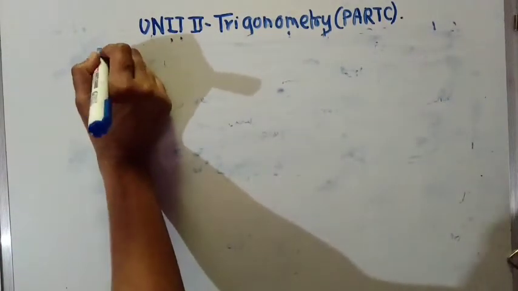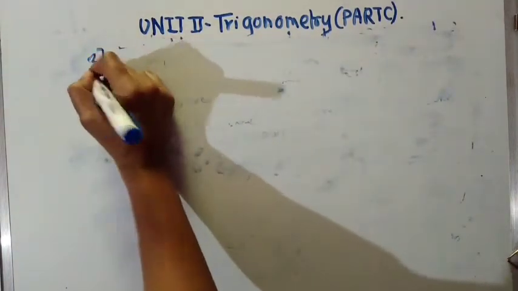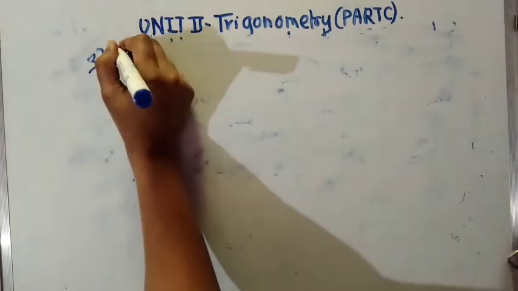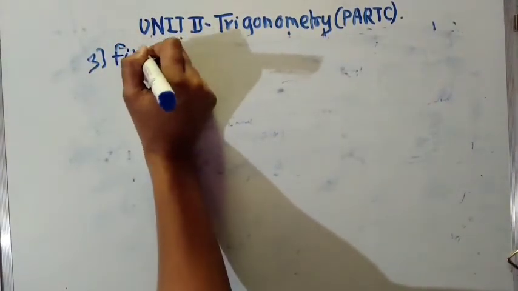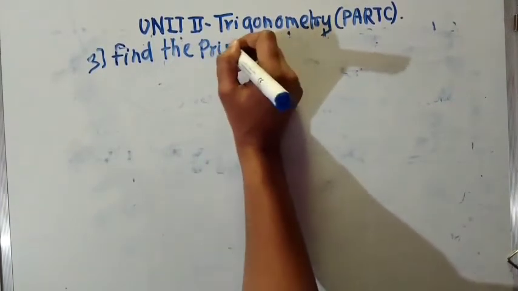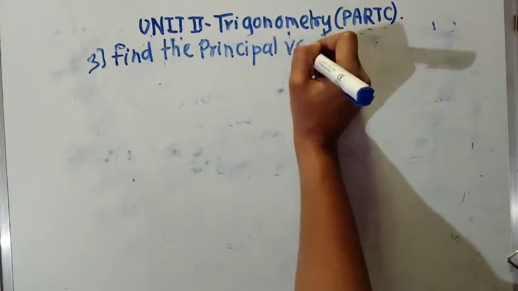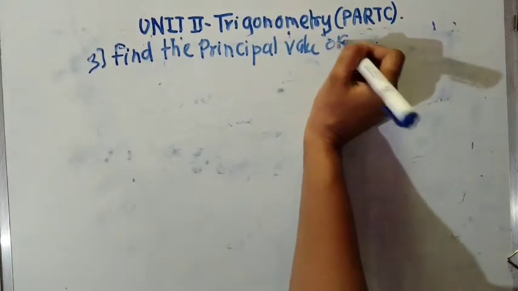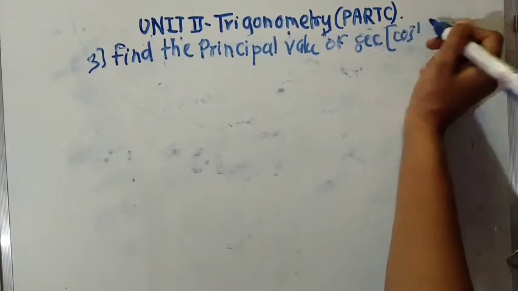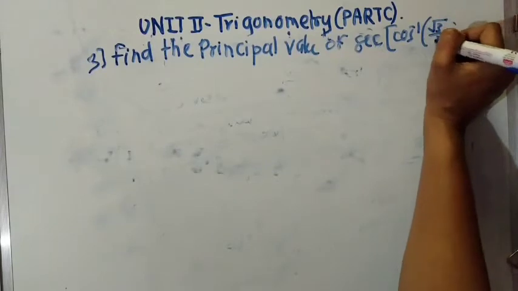Next example, example third. Find the principal value of sec cos inverse of √3 upon 2.